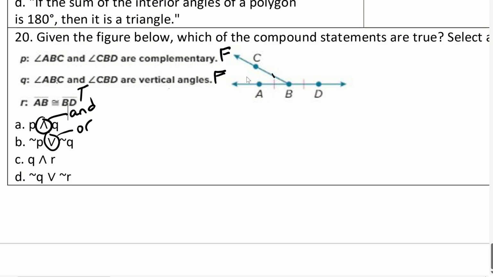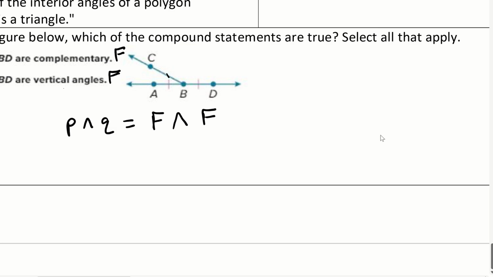Now let's look at this one here, P and Q. So P is false and Q is false. If both of these are false, that means overall it has to be false. Okay? So the way and works is that for and to be true, this is this and symbol, both of them have to be true for the whole thing to be true.